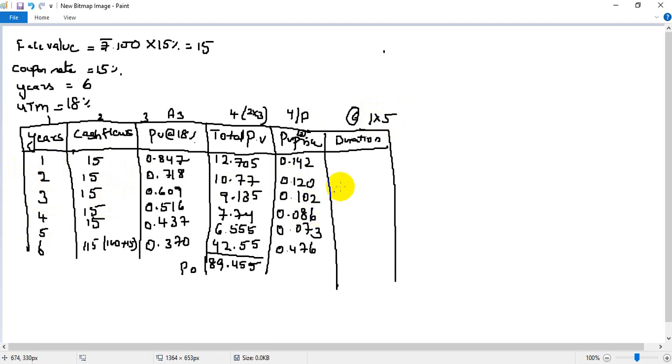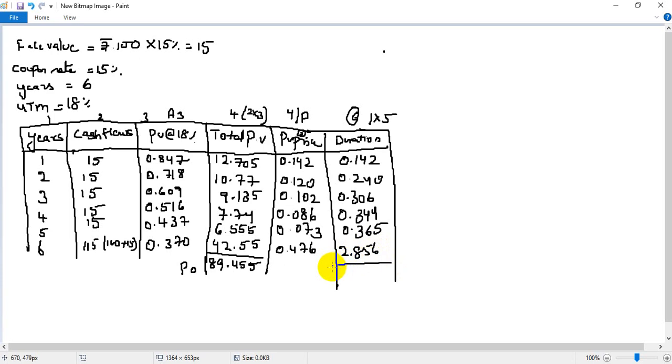You will get, first is same, 1 into 0.12, it will be 0.142. Next is 2 into 0.120, 0.240. Next, 0.306. You need to multiply first column, 3 into 0.102, 4 into 0.086, 0.344, 5 into 0.073, 0.365, 6 into 0.476, 2.856.